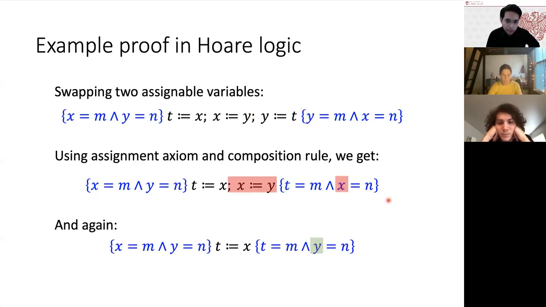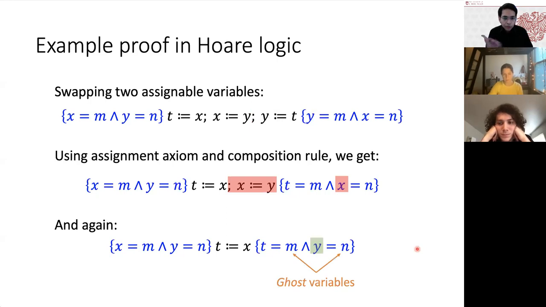Moving similarly, we can take another step where we replace the value of x in this triple with the value y. Now notice that we are left with just a single assignment, and this is very close to what we want. So y is equal to n, which is what we want. And if we take one more step in the same direction, we'll achieve the same precondition. So this shows how reasoning proceeds in a system like Hoare-logic.